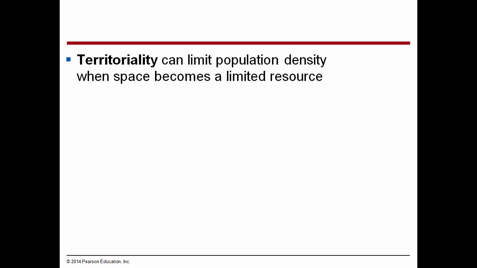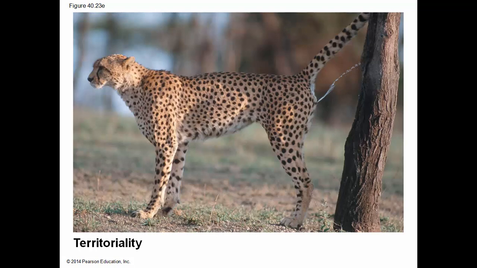Territoriality can limit population density when space becomes a limited resource. This is kind of like competition for resources. Here's a cheetah. It's marking its territory. If other cheetahs mark territory in the same region, then there'll be a fight, and they'll use resources fighting, and that'll decrease their reproductive fitness because they're spending all their time fighting one another.